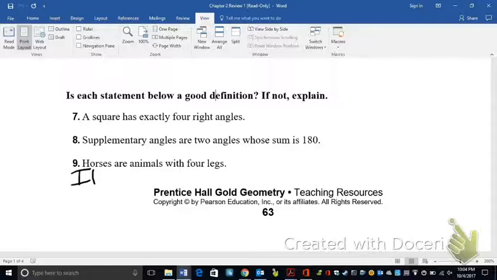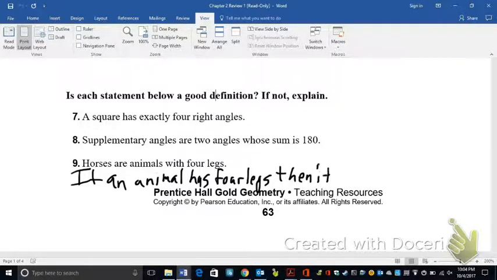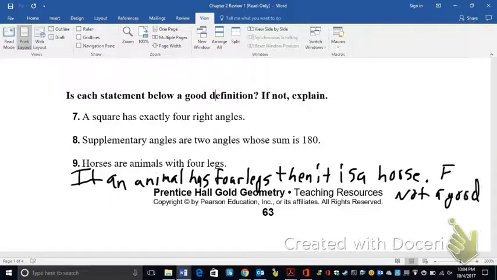So what we're going to do is write the converse of that. If an animal has 4 legs, then it is a horse. This is clearly wrong. Dogs, cats, rabbits, any quadruped. So that's false, so it's not a good definition.